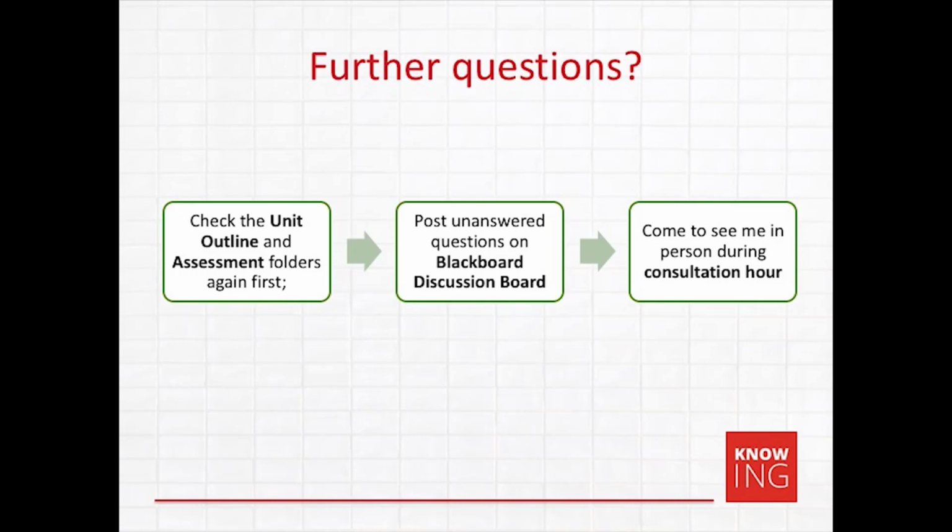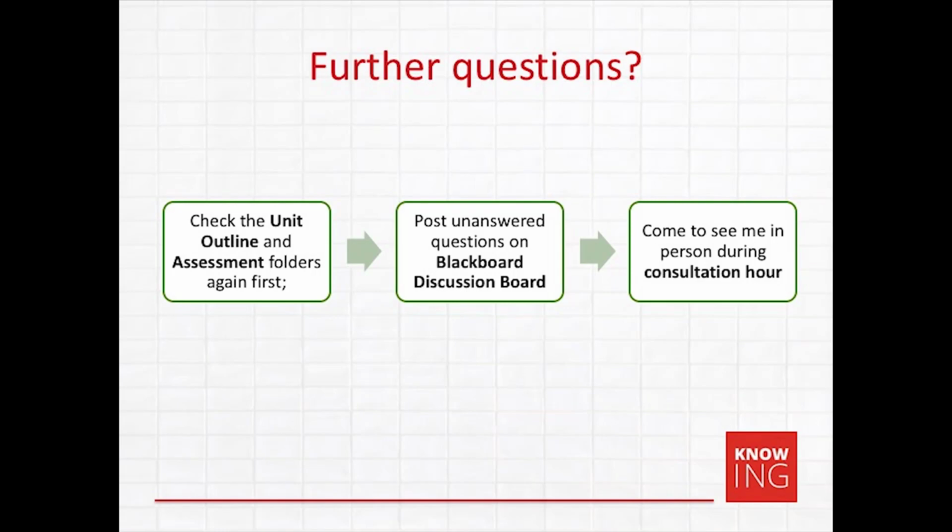In summary, I have just presented to you the key unit intended learning outcomes and expectations. I hope the information has been presented clearly to you. In case you have any questions, I would suggest that you check the unit outline and assessment folders again first. Then, if you still have unanswered questions, please post them on Blackboard or Canvas discussion board so that other students can benefit from your questions.